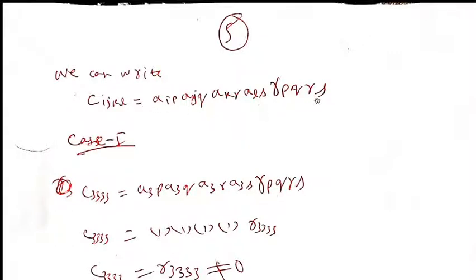If you compare your transformation law with this, in the transformation law you have dash on the left side and undash on the right side. Here dash is treated as gamma and this is undash.